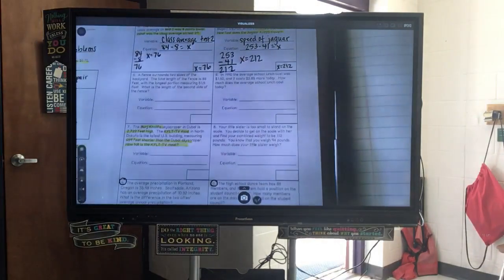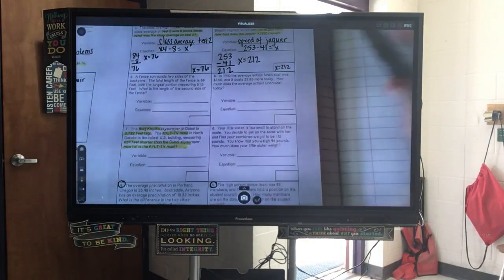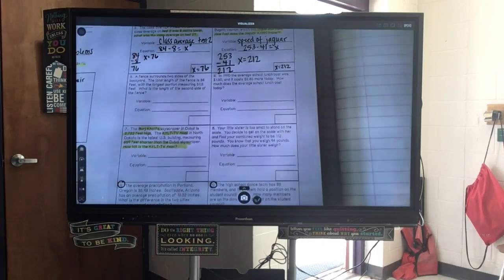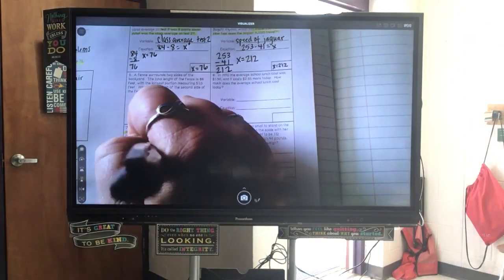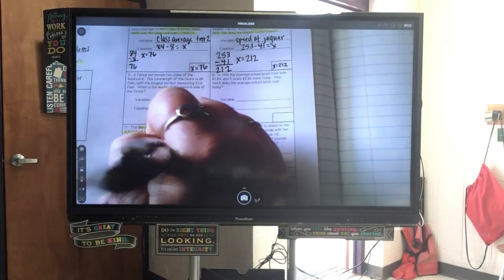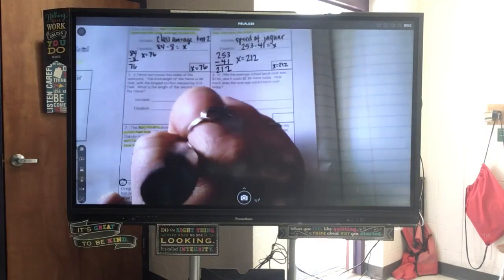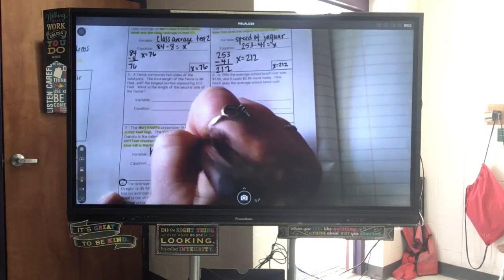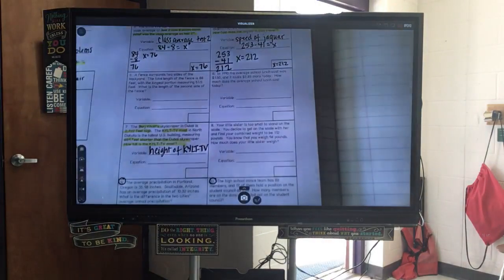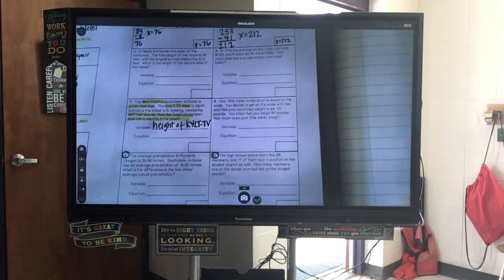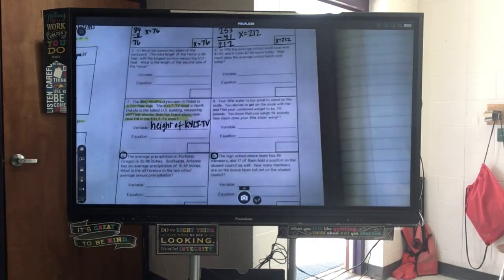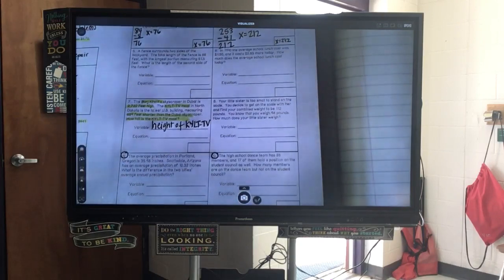Alright, so what are we trying to find? The variable is what we are trying to find. Okay, and then what is our equation going to look like? What do you think our equation is going to look like?